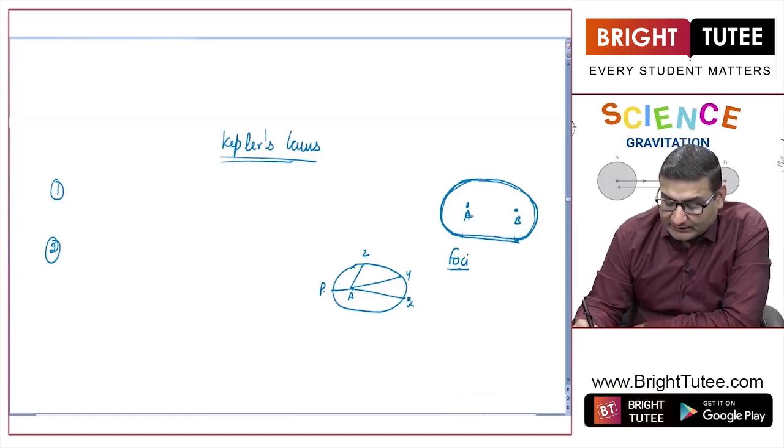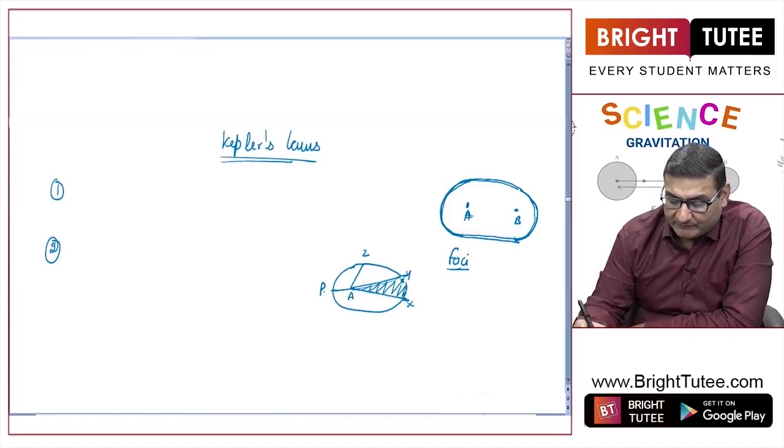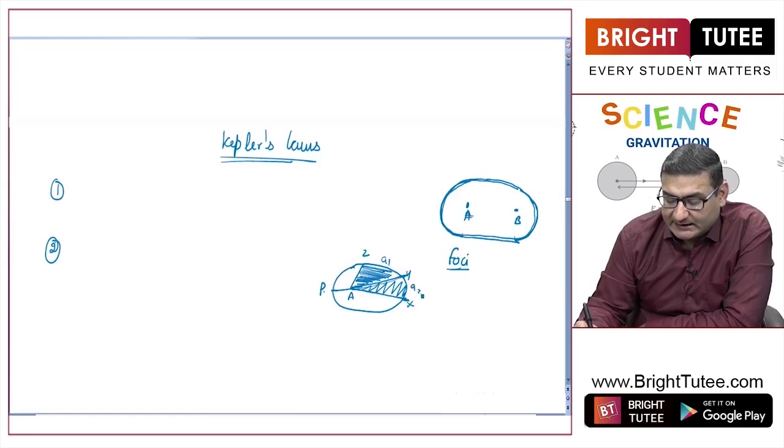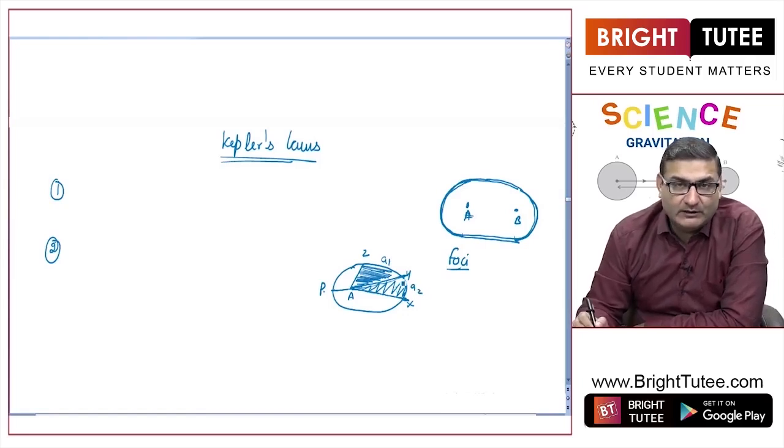Fine. So, consider the time this particular planet takes to reach from x to y. By joining these 2 points with the point A, the focus where the sun is, we will see that this is the area swept by this planet. Now, when this planet is moving from y to z, the area covered by this planet is this, and as per Kepler, this area, let it be A1, and this area, let it be A2, will be equal.